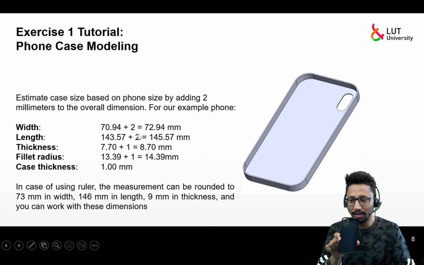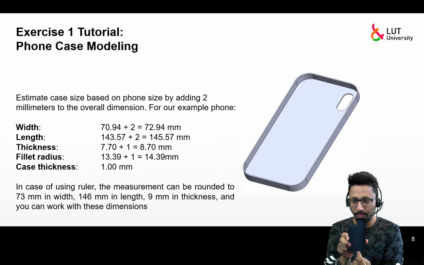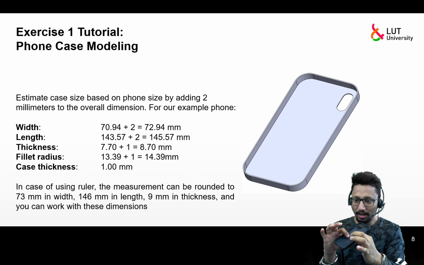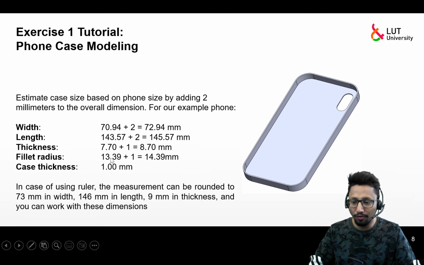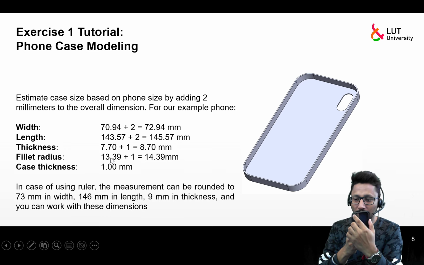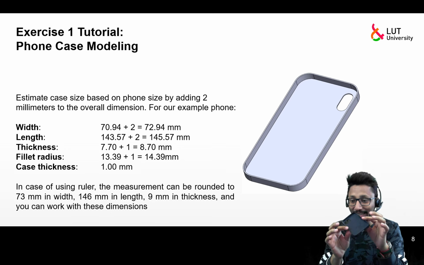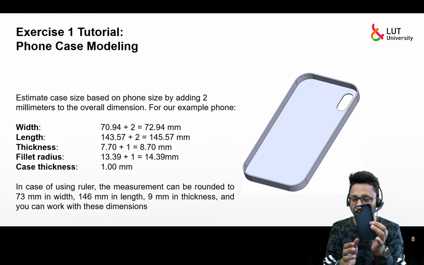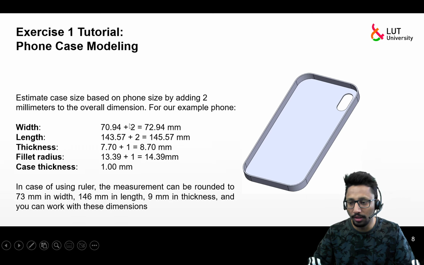Similarly, for the length, 1 millimeter at this end, 1 millimeter at this end. Then for the thickness, add 1 millimeter into the dimensions. Okay. And also for the filleting radius, add 1 millimeter into the dimension. So that we know that the case thickness throughout is 1 millimeter. And that's why we are adding these 1 millimeter into thickness and fillet radius, and 1 millimeter into the width and the length on each side.